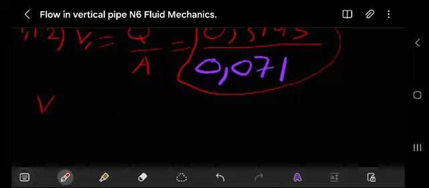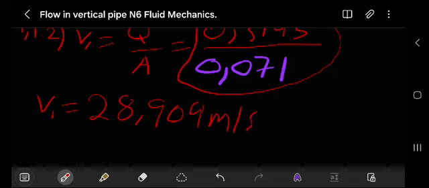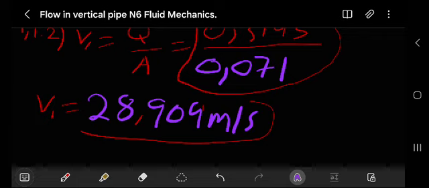V1 will be equal to, punch that, 28.909 meters per second. This is our velocity, right? We have the velocity, which is V1. Now we can use Bernoulli's equation.